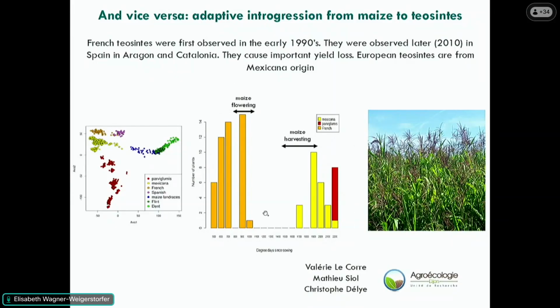So there is clearly here an adaptation of these French teosanthes to the European climate. Now they are able to flower under long days because our summers are very long days as compared to the Mexican summers. So how did they do that? How did they adapt?